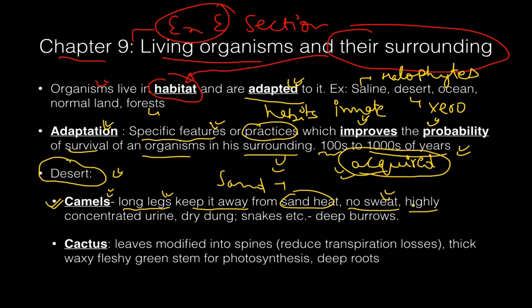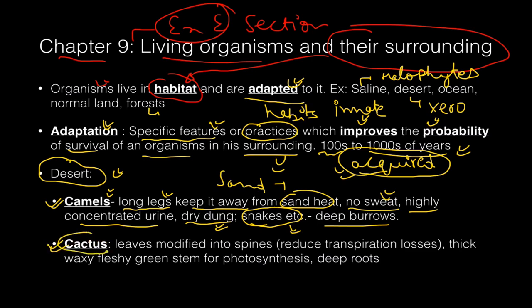It has highly concentrated, almost semi-solid urine, and absolutely dry dung. Those of you who are from Rajasthan must have seen it. Snakes etc. are also adapted to it, and they have deep burrows. And one more point, it does not secrete urea like us, it goes way beyond that. So the amount of water required in excretion becomes less and less.